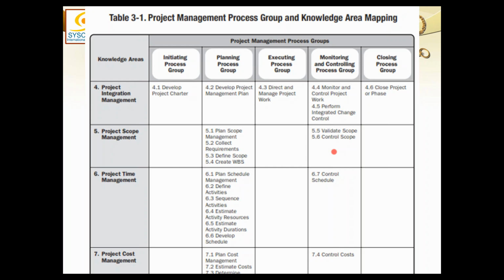In addition to scope, time, and cost, we have quality, which could be a constraint, risk, which could be a constraint, resources, which could be a constraint, and there could be many other things. Therefore, just indicating three knowledge areas as constraints is not valid anymore.